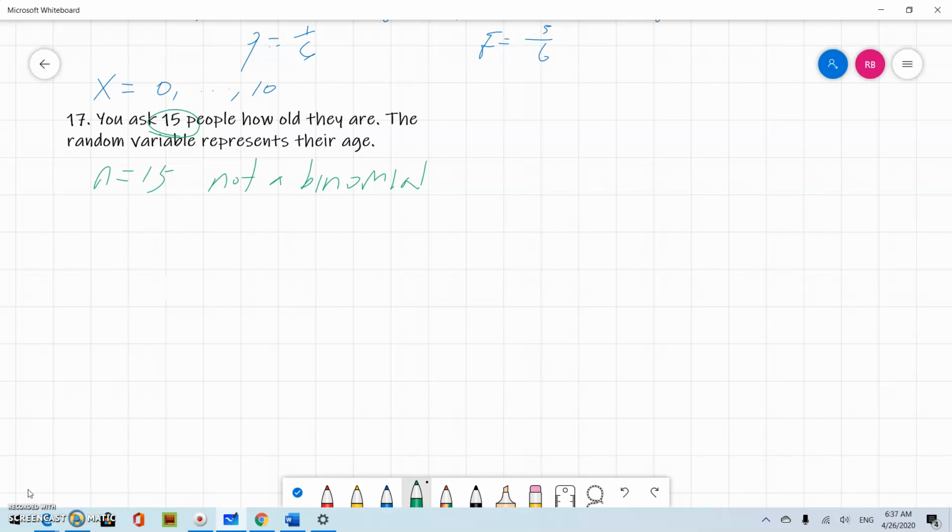So you could have a binomial, although coming up with p would be a little bit difficult because you will have to find who is the oldest person kind of thing. So this one, it's not a binomial because there is no clear success. What would be the success? And therefore there'll be no clear failure either. So it's not something you can write as success and failure, so therefore it's not binomial.